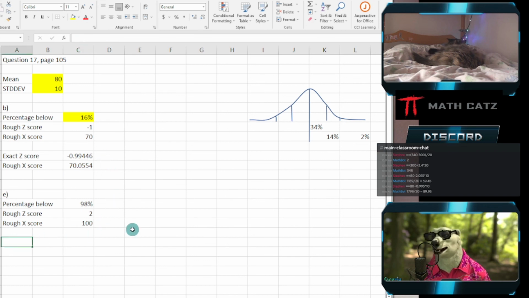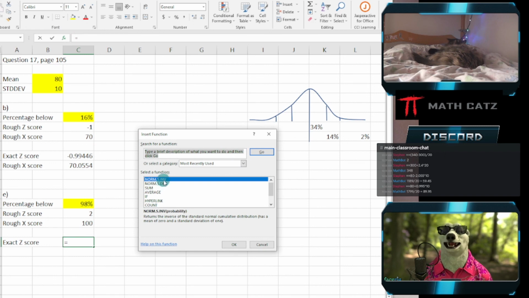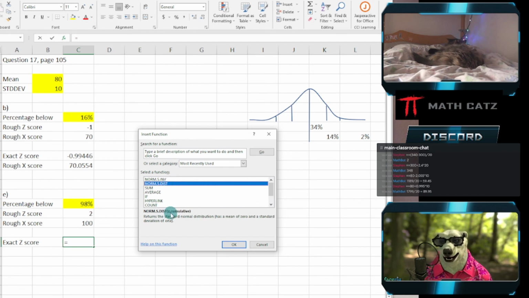Now I'm going to go exact z-score using the given 98%. Maybe I don't remember. Yes, you can copy that formula. For practice's sake, I'm going to remember. Okay, so I don't know which one it was, but you can look at the explanation here.